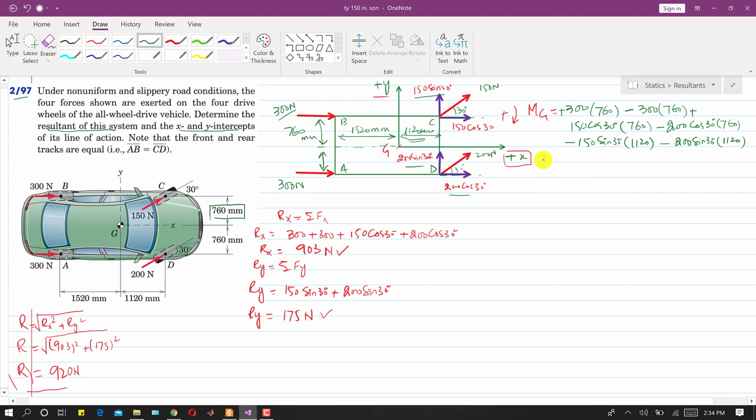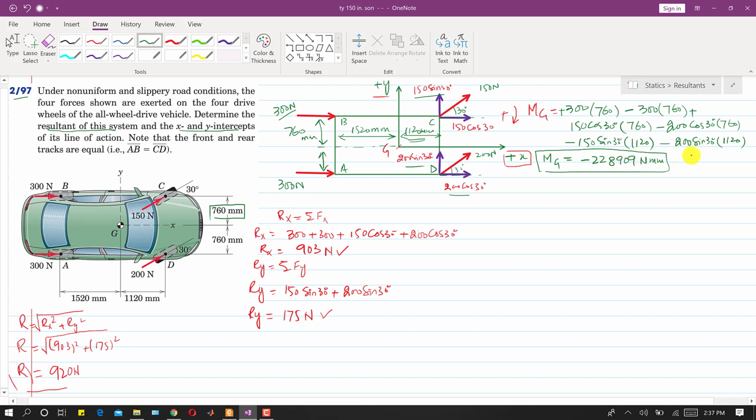This will give us the total moment about G in Newton mm. When we solve this, we get minus 228909 Newton mm.